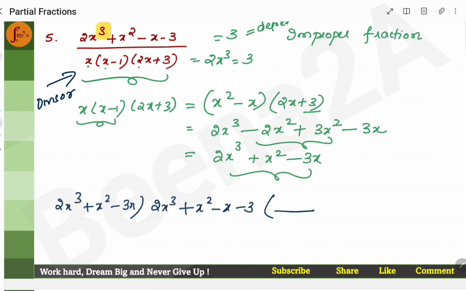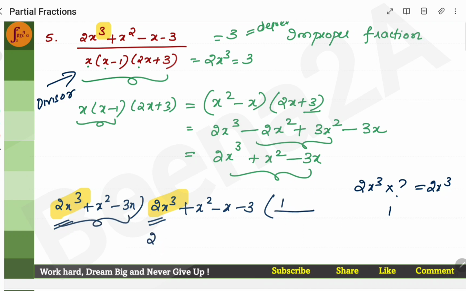Now I have to find the quotient. So take the first term here. This is the first term, right? So I should multiply 2x cube with something to get this first term. To get 2x cube, what should it be? 1, right? 2x cube into 1 is 2x cube. So I multiply this 1 with this entire divisor.